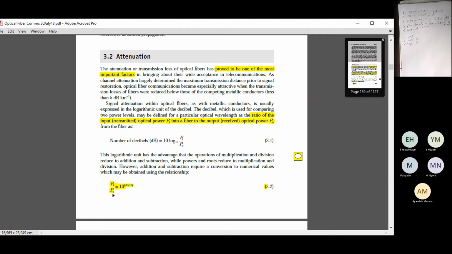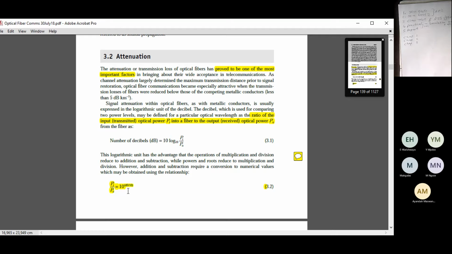It's usually in milliwatts or microwatts, and that is denoted by P in over P out. So if it's 1 watt in and 10 watts out, it's a tenth. So it's 0.1 equals 10 to the power this. So how can you calculate this ratio? You take the dB value, you divide it by 10, and 10 to the power of that.